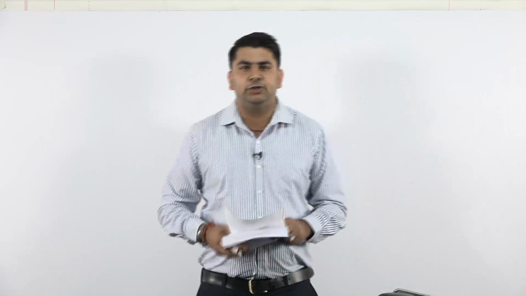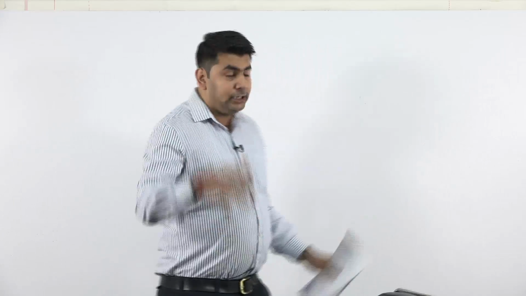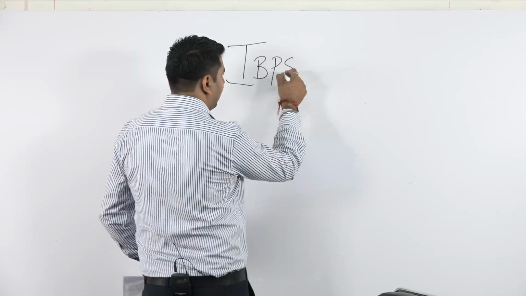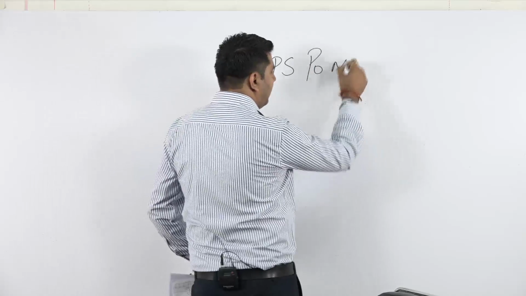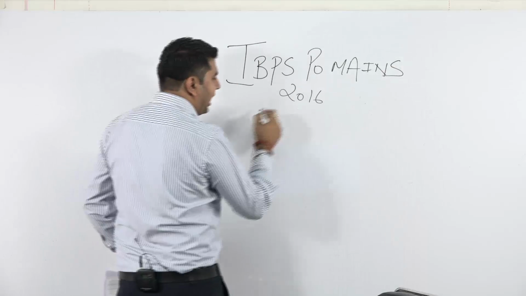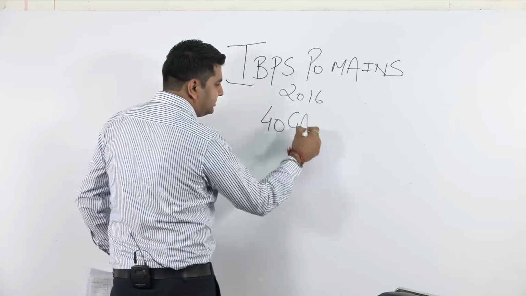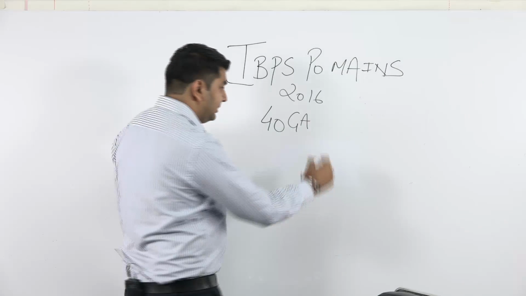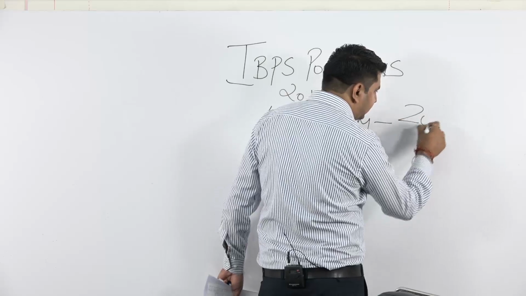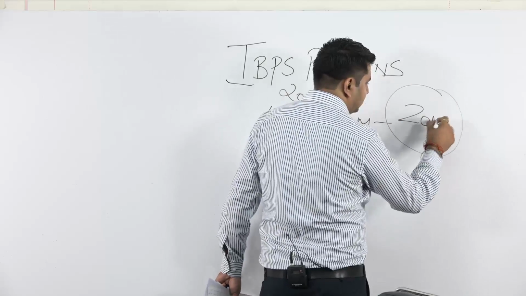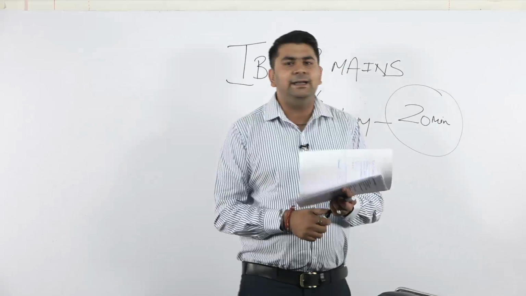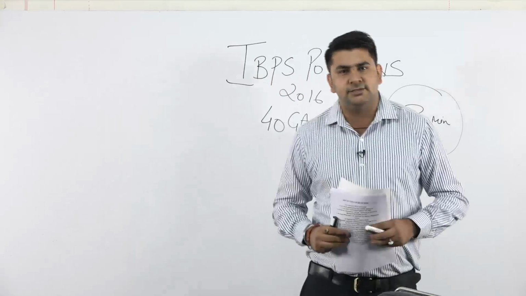Now students, if we talk about the strategy, the first thing you need to know is that in IBPS PO Mains 2016, we will be having 40 GA questions and these are of 40 marks. But the most important thing you need to see here is you will be having 20 minutes. Now students, 20 minutes for 40 questions.